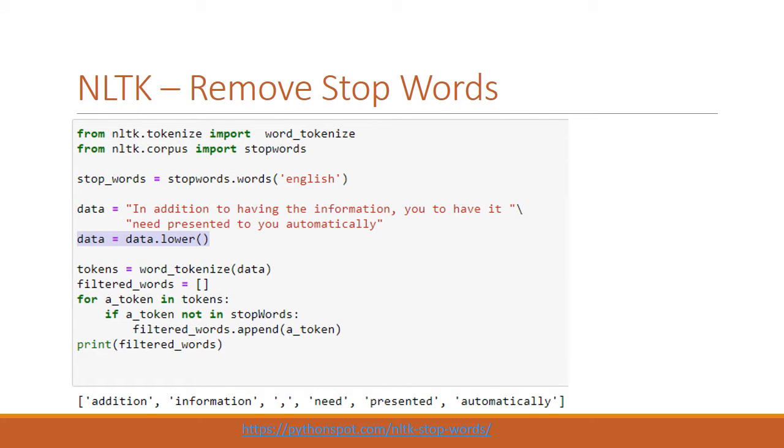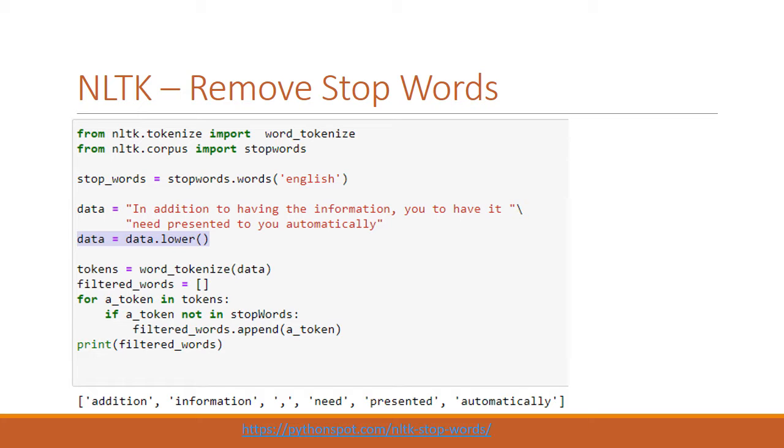All of the strings in our stop words list that represent stop words are in lowercase. Therefore, when we compare uppercase I-N to the stop word list, which has lowercase I-N, asking whether or not those two are equal returns false, because uppercase I-N is not equal to lowercase I-N.